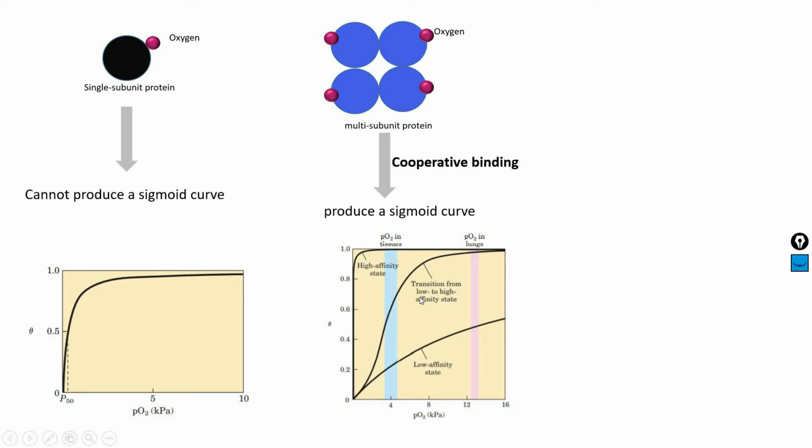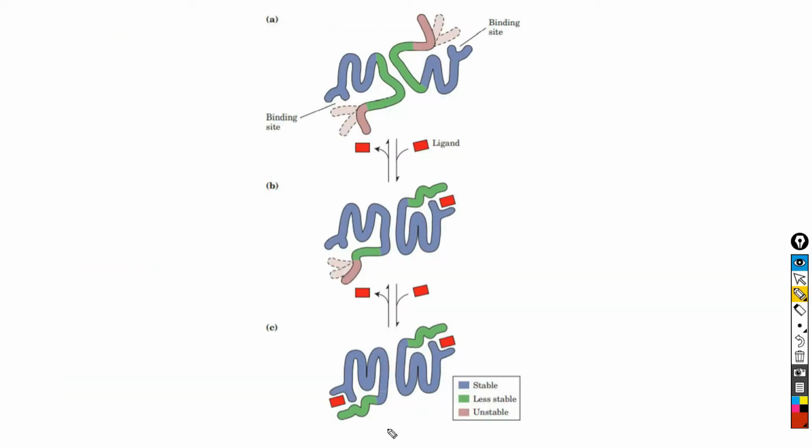A sigmoid binding curve is diagnostic for cooperative binding, as the sigmoid binding curve permits a much more sensitive response to ligand concentration, and it is important to the function of many multi-subunit proteins.